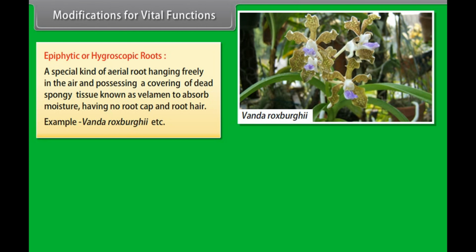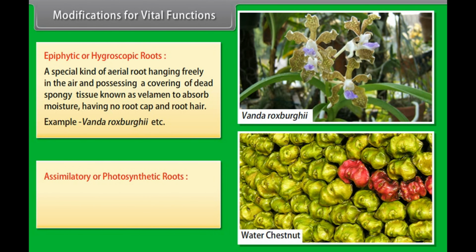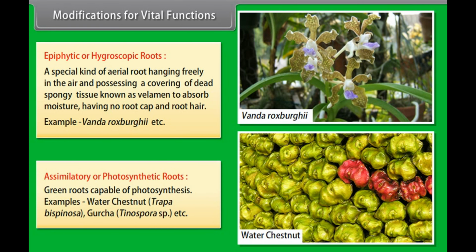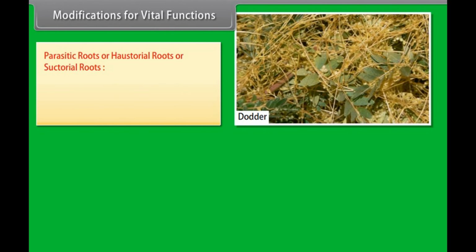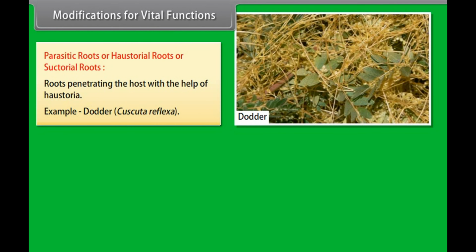Example: Vanda roxburghii, etc. Assimilatory or photosynthetic roots: green roots capable of photosynthesis. Example: water chestnut, etc. Parasitic roots, haustorial roots or suctorial roots: roots penetrating the host with the help of haustoria. Example: dodder.